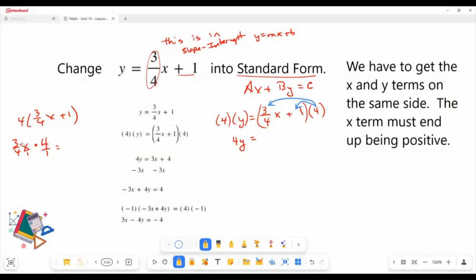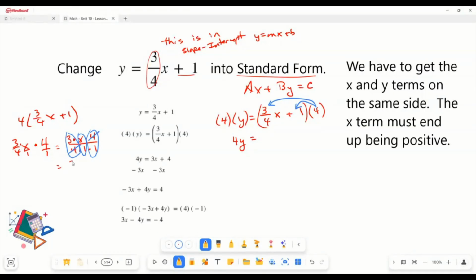We're multiplying 3/4 times x. So on the top, we have 3 times x times 4. On the bottom, we have 4 times 1 times 1. There is our 3/4. There is our times x. And there is our times 1. The 4's divide out.